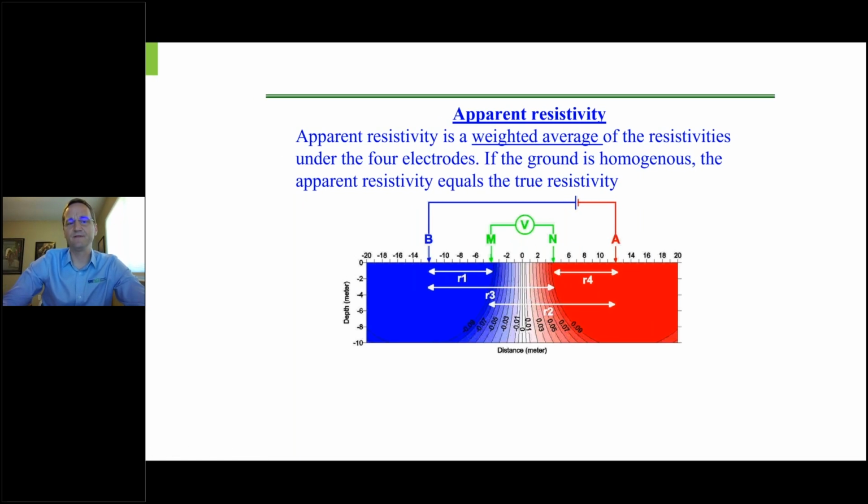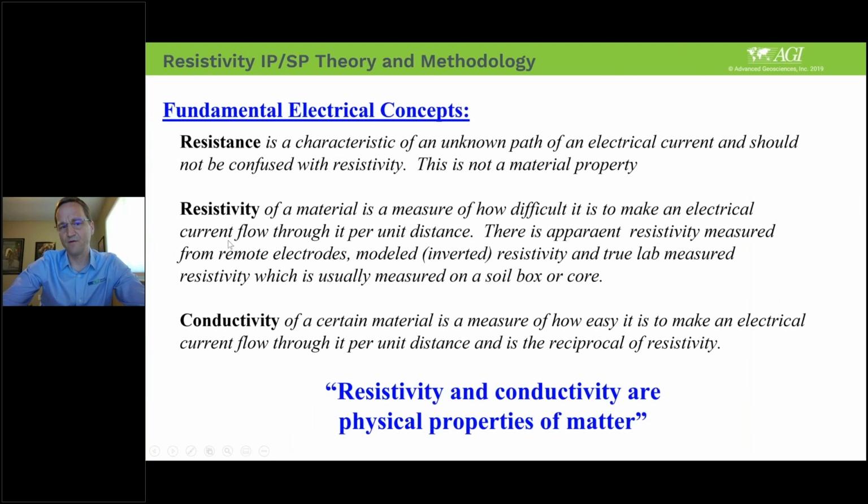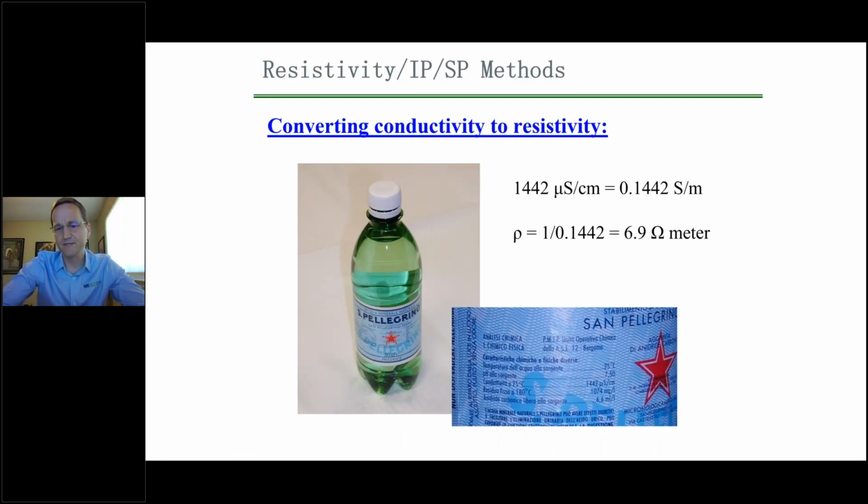That is something that I have seen happen before, to get the correct resistivity, having the resistance and knowing where the electrodes should have been. And that's a disconnect on manual placements.